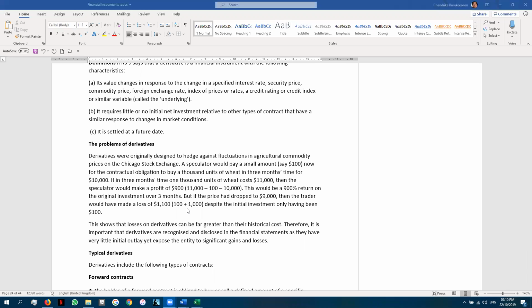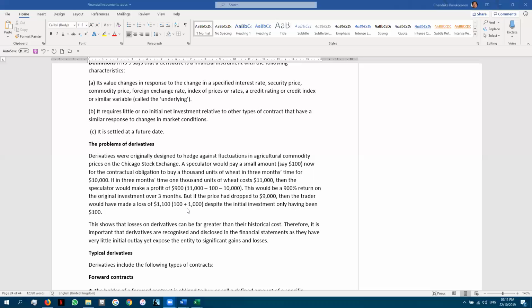A speculator would pay a small amount, say $100 now, for the contractual obligation to buy 1,000 units of wheat in 3 months' time for $10,000. If in 3 months' time 1,000 units of wheat costs $11,000, then the speculator would make a profit of $900: 11,000 minus the $100, minus 10,000.